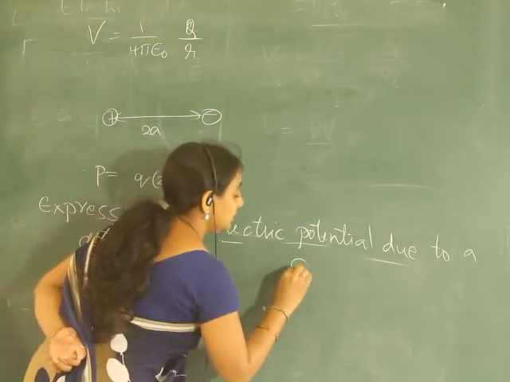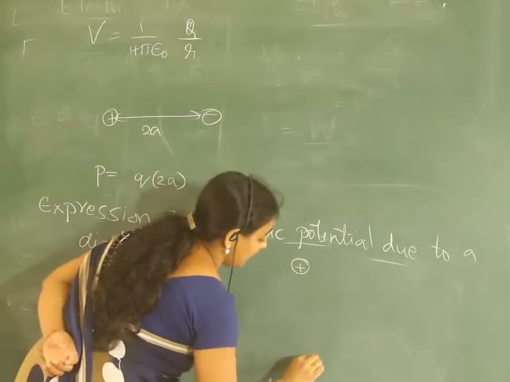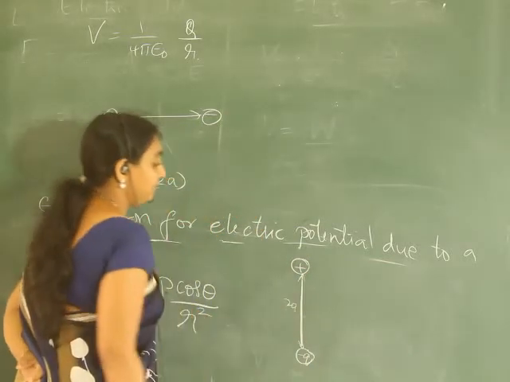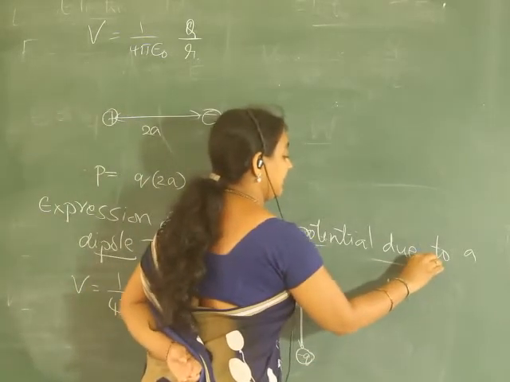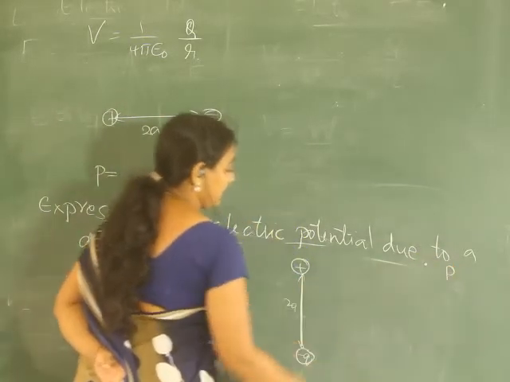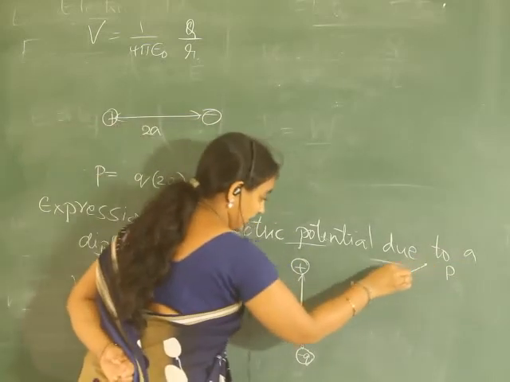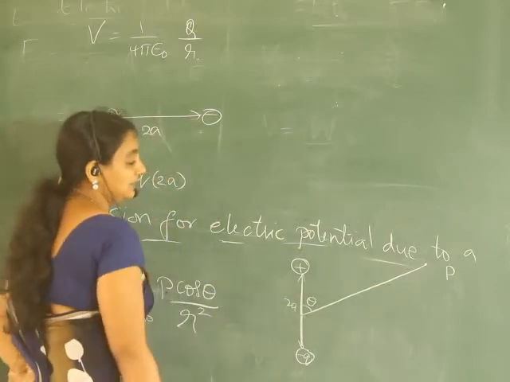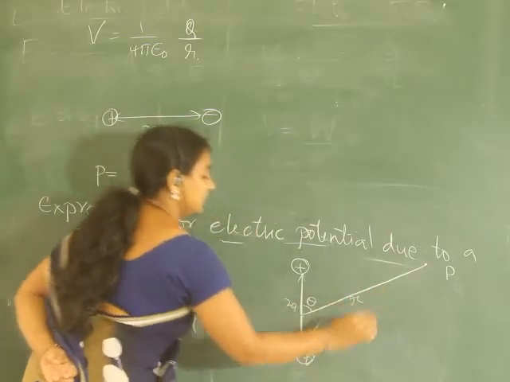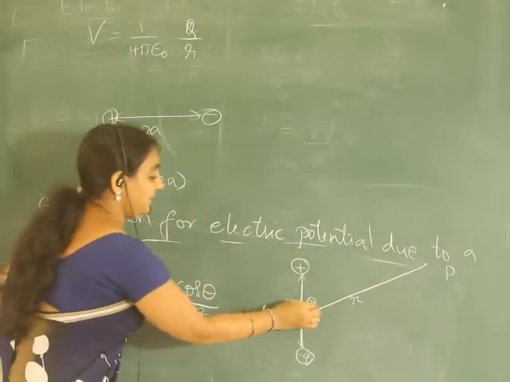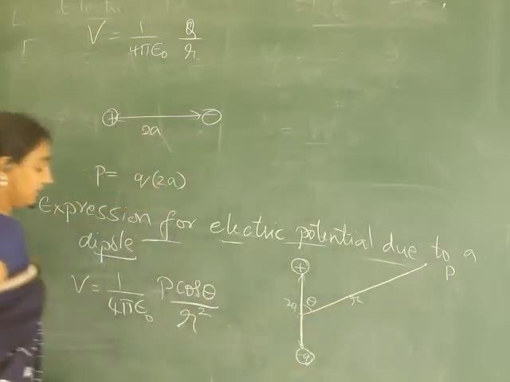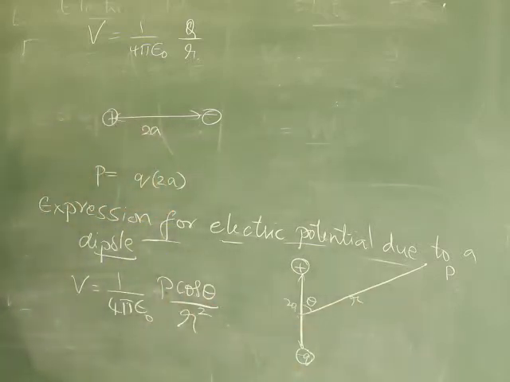See, if this is a plus Q and minus Q, two equal and opposite charges separated by the distance 2A, we have to find the electric potential at a point P, which is at a distance R from the dipole, inclined at an angle theta. So P cos theta by R square.